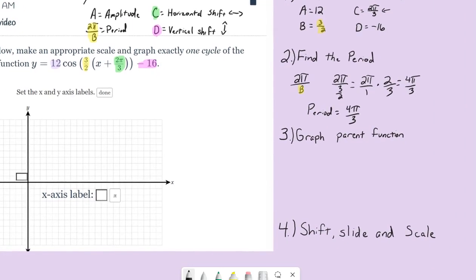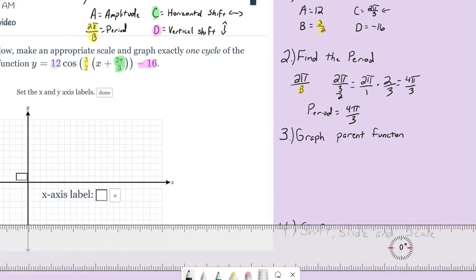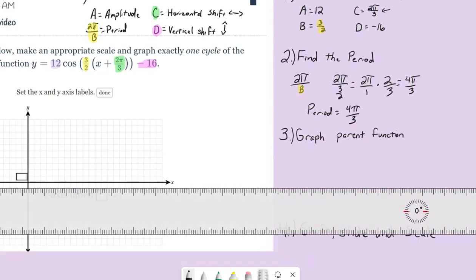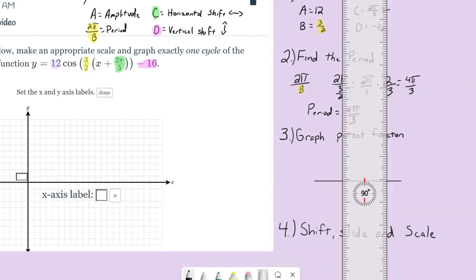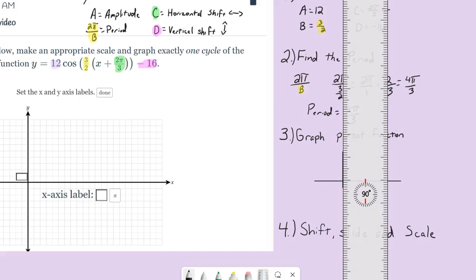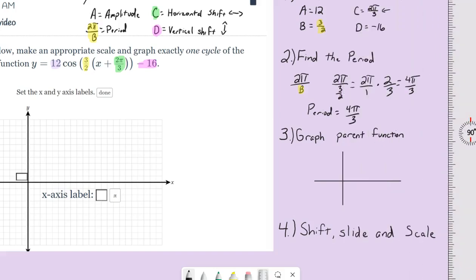Now what does that do for us? Well, let's go and get the parent function. Let's just graph y equals cosine x right now real quickly. So we know at 0, cosine is going to be 1. So I'll just put a little mark there.